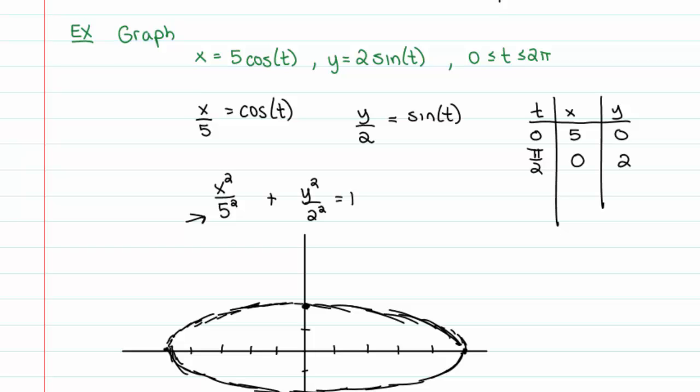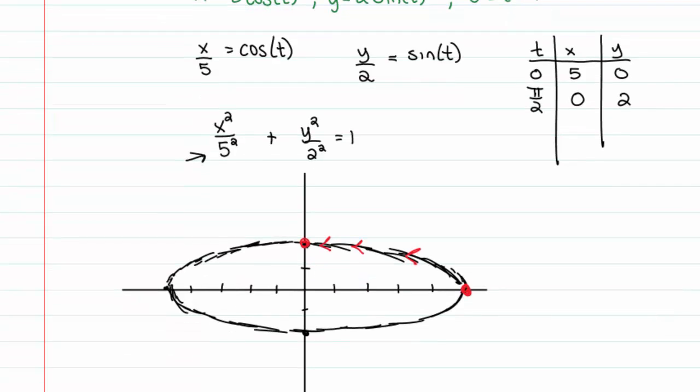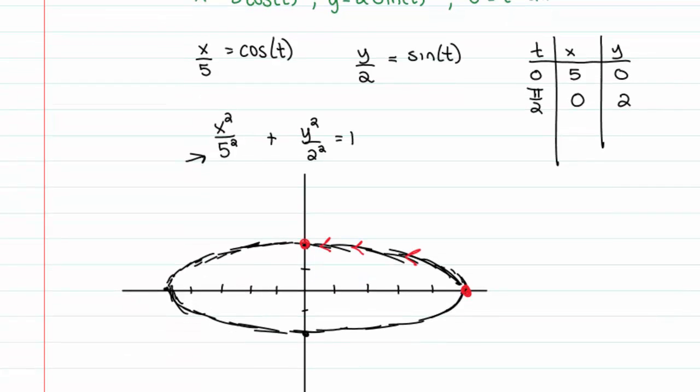So I can easily see right now that I went from 5, 0 all the way to 0, 2 in time pi over 2. Now, actually, this speed will maintain throughout, so it actually will continue from that. This will be time pi, and this will be time 3 pi over 2, and we'll be back here at time 2 pi.